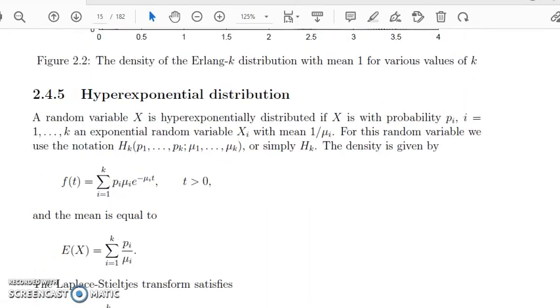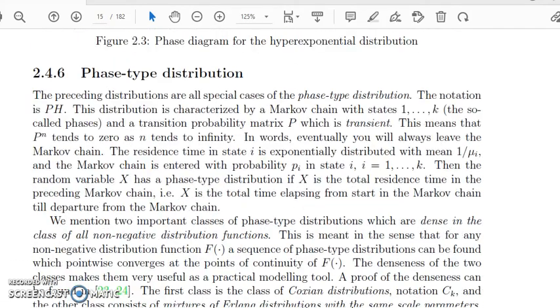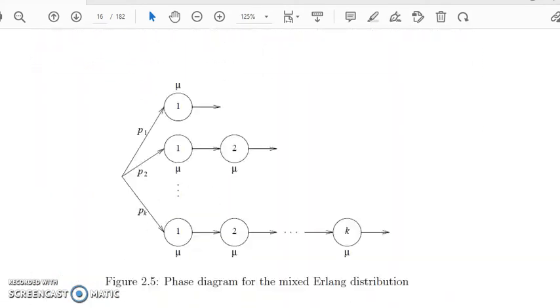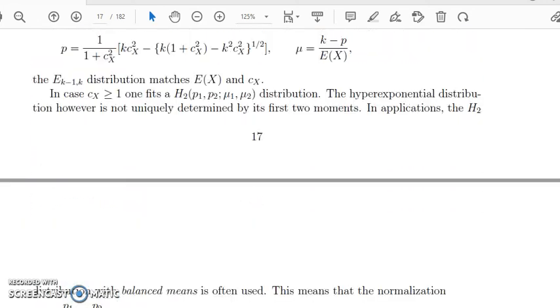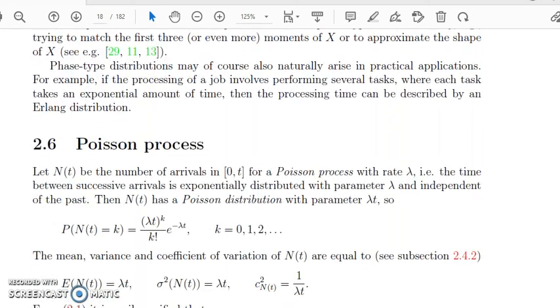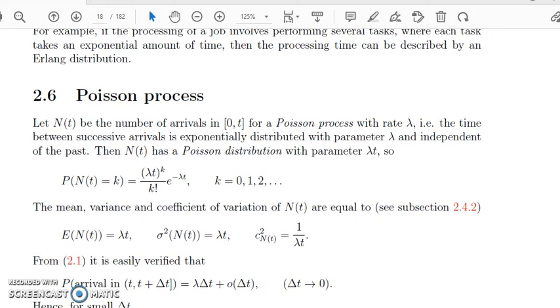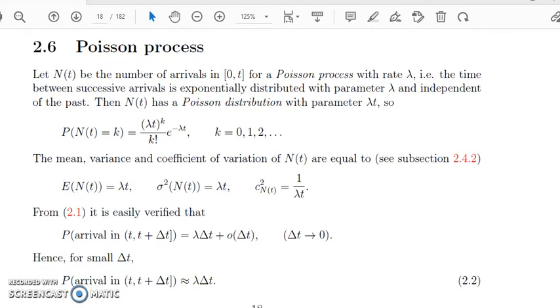Then let's leave this one and check some other properties. We look at the Poisson process. What is a Poisson process? That's the beginning of the application of the distributions. Let N(t) be the number of arrivals in 0 to time t for the Poisson process with rate lambda.